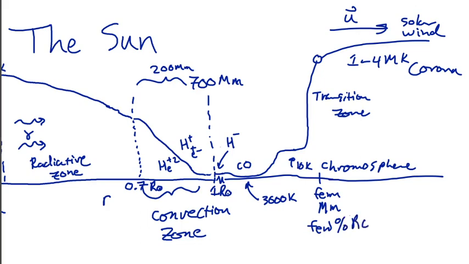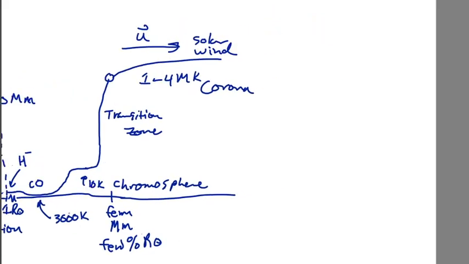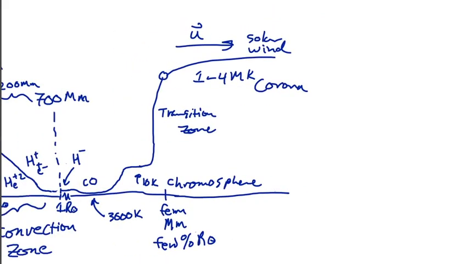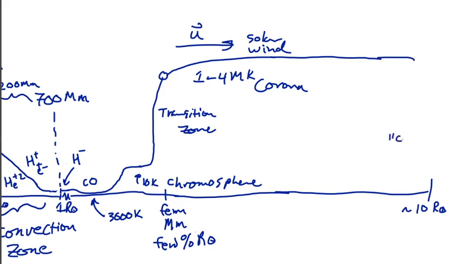And then the corona continues out for quite some ways, roughly 10 or so solar radii is the corona of the sun. And after about 10 solar radii, you transition into the free streaming solar wind because you hit what's called the co-rotation radius.